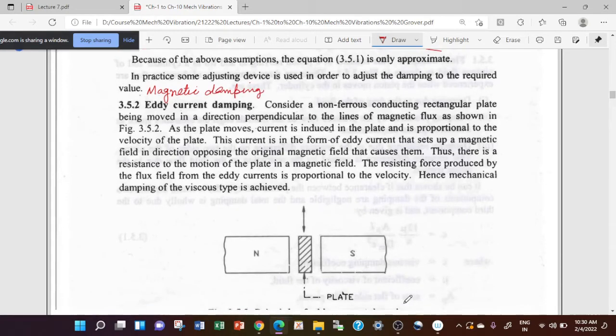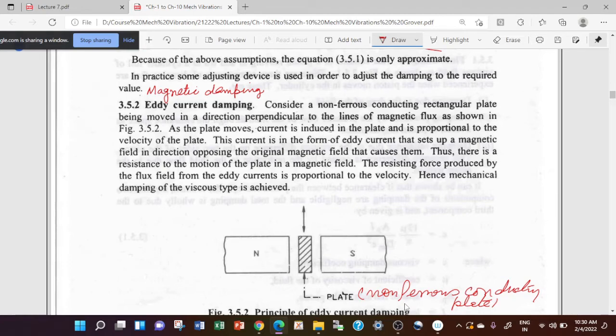In this damping, we are having a non-ferrous conducting plate, and this plate has been put between the magnets.